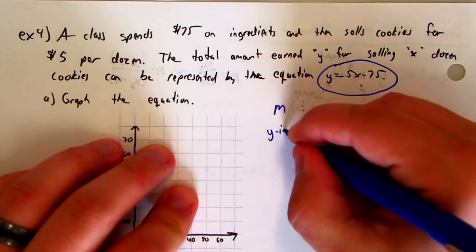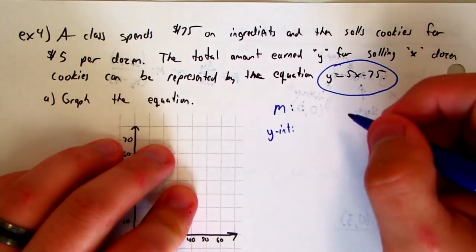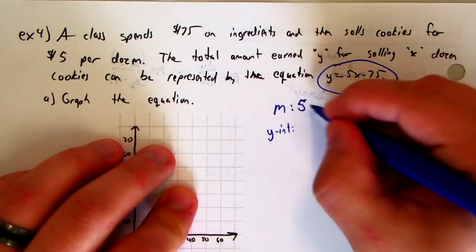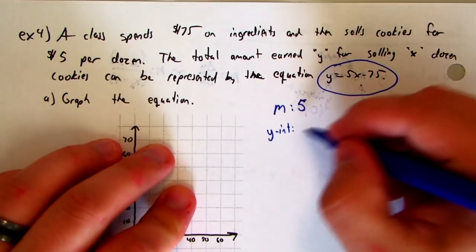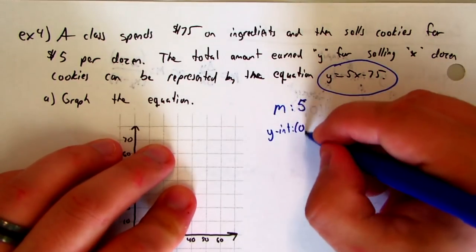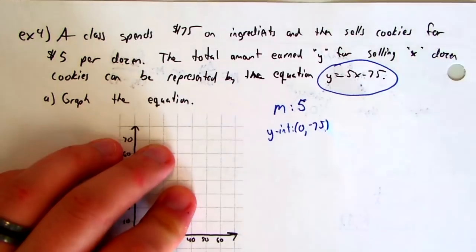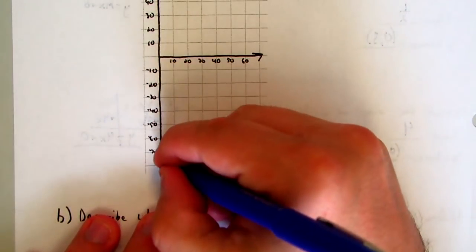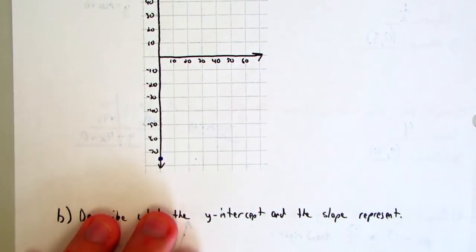I'm going to simply use the slope and y-intercept to graph this. The slope is 5. The y-intercept is (0, negative 75). So if I come to my graph here, (0, negative 75) is right here.